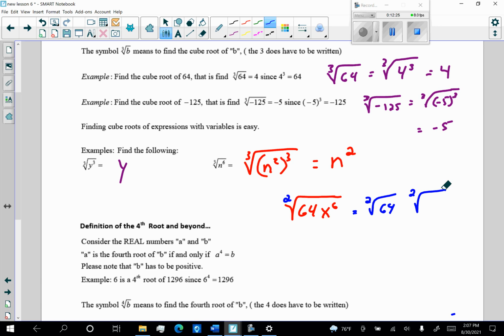What squared is x to the 6th? X cubed. So the square root of 64 is 8, sorry. But here's the problem.